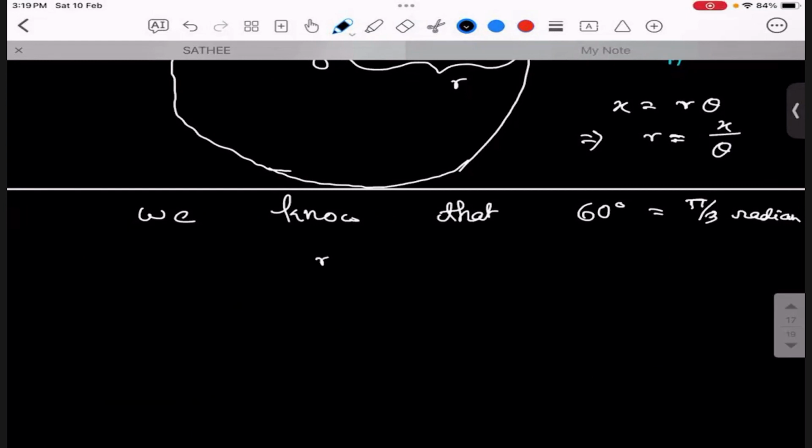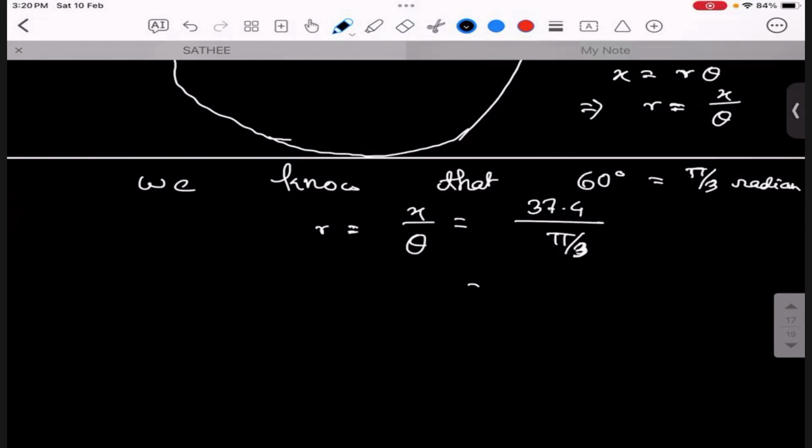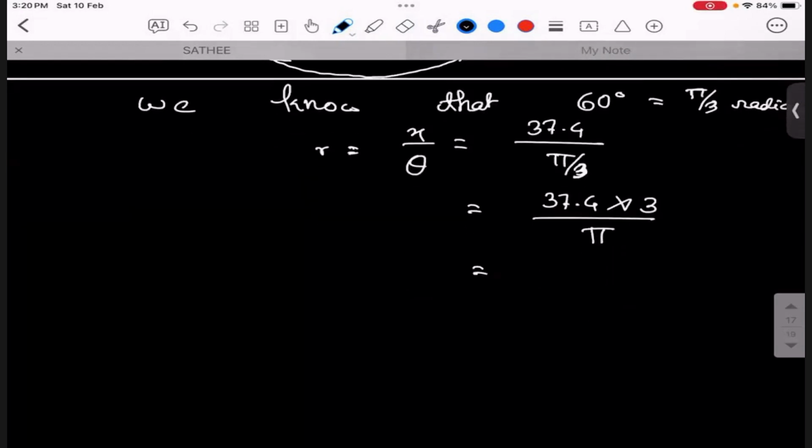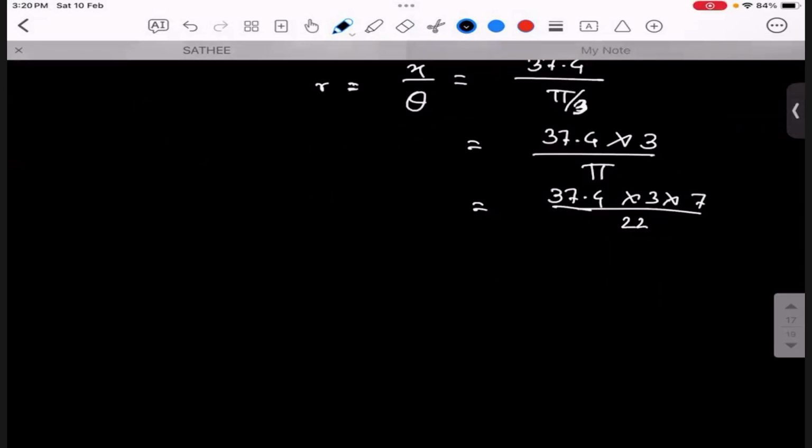So what will be this r? R will be x by theta. Now what is our x? 37.4, and theta is pi by 3. So this will give us 37.4 into 3 divided by pi. Now this will give us 37.4 into 3 into 7 divided by 22.